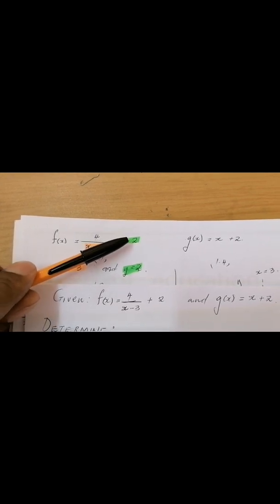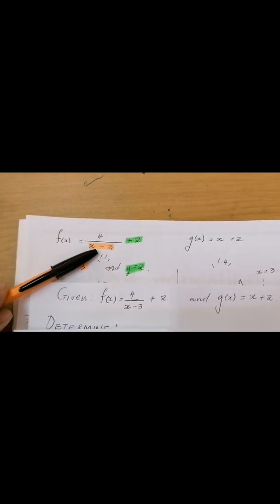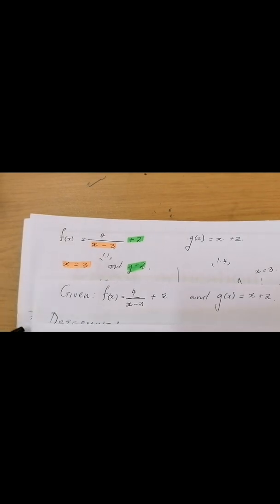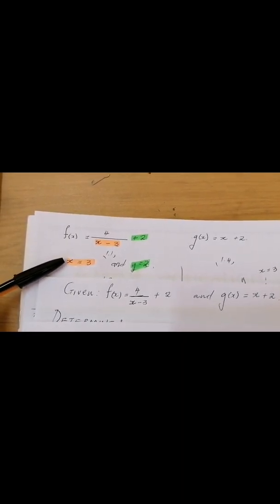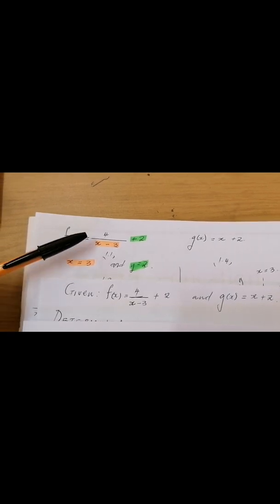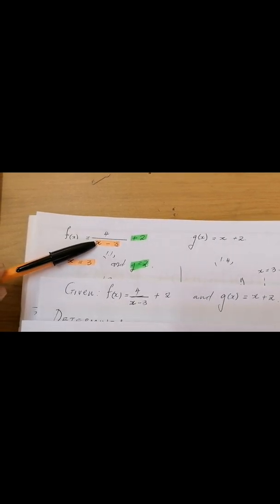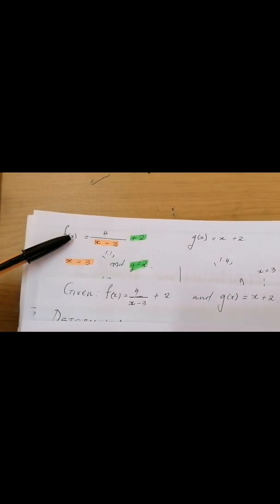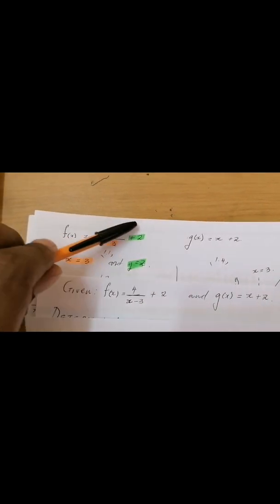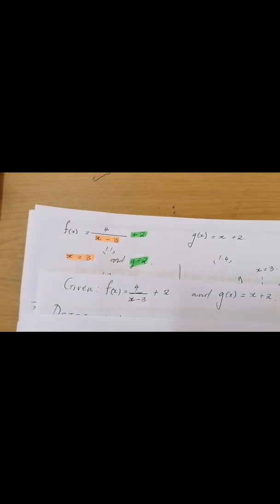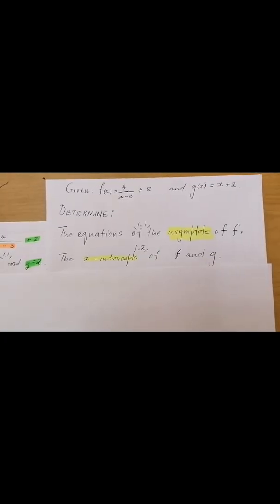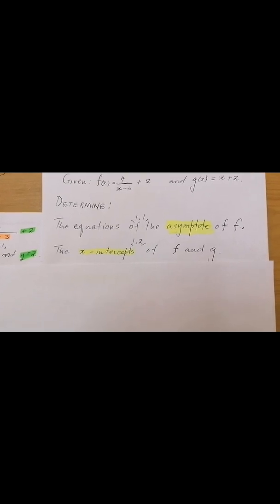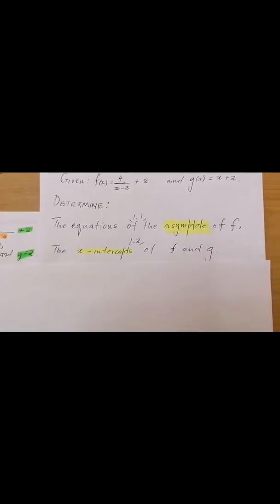If they say give the equations of the asymptotes, you have to give the x value that is not supposed to be used there, and the y value that we will never get in this situation. Those are the asymptotes. Now that we have answered the first question, let's move on to the next question.